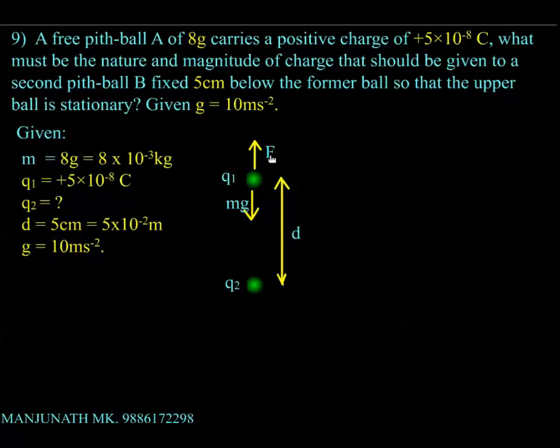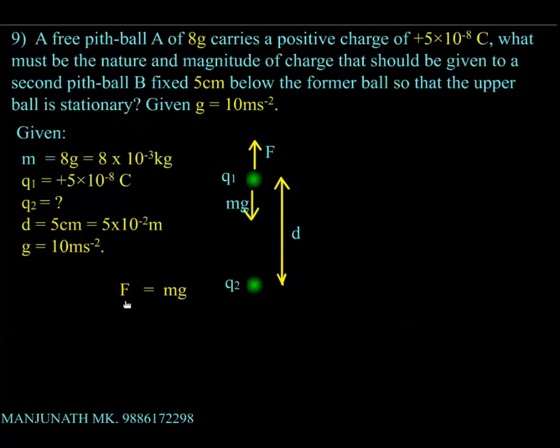This electrostatic force balances the weight of this Q1. Therefore, it is neither moving up nor moving down. It means balancing. So, this F is equal to mg. The magnitude of the electrostatic force is equal to magnitude of the gravitational force.